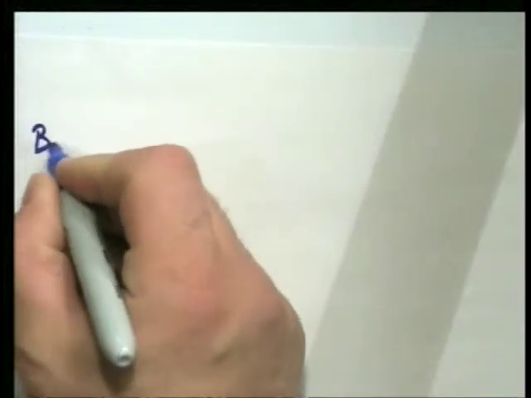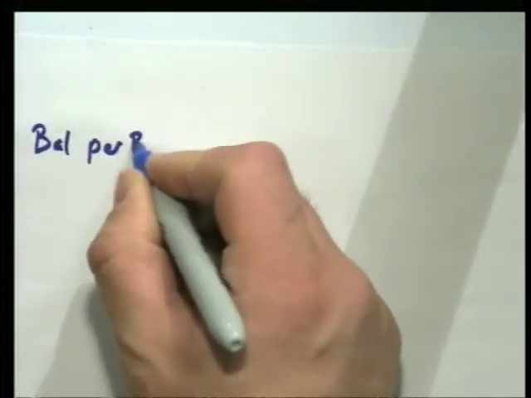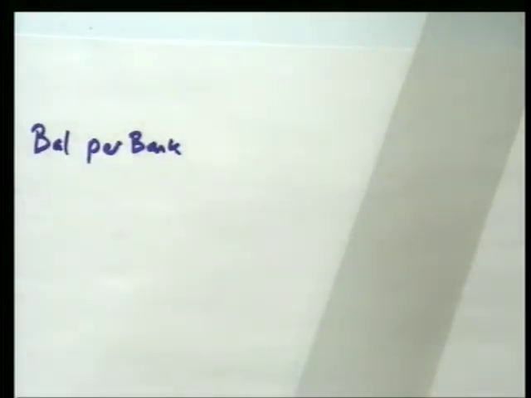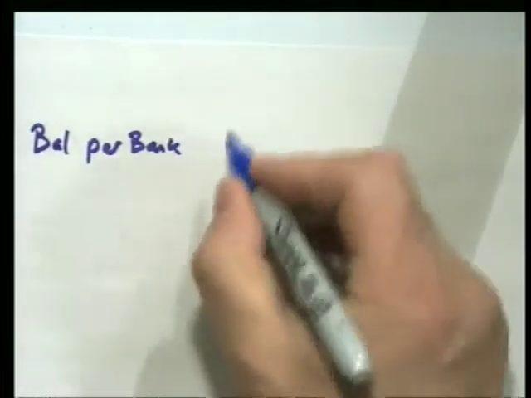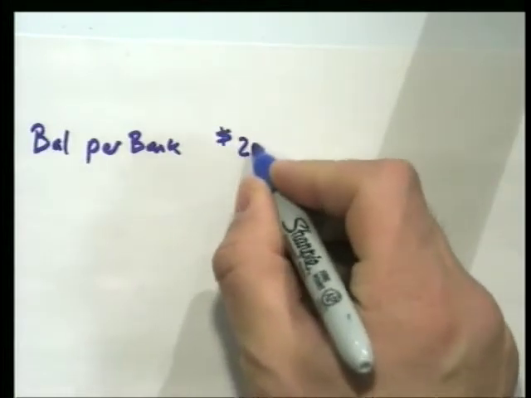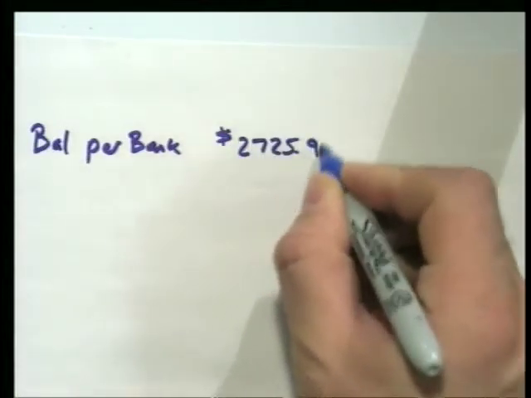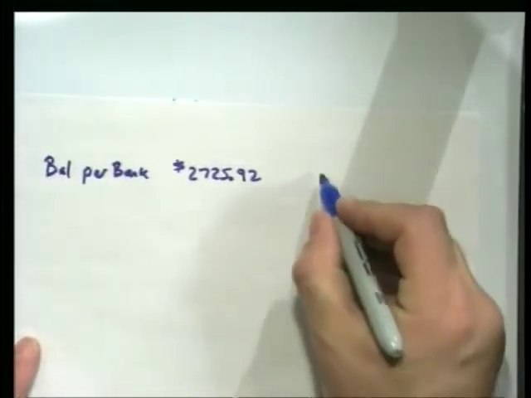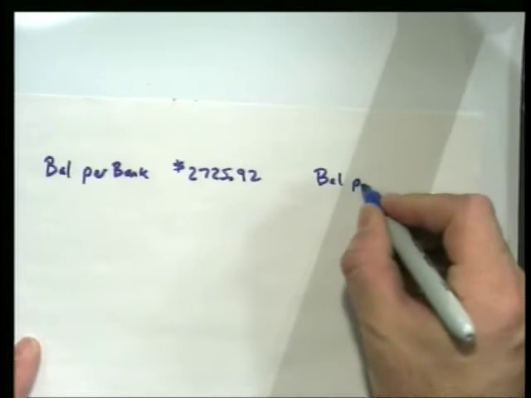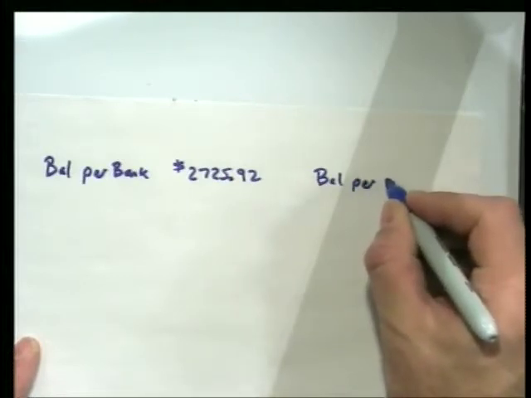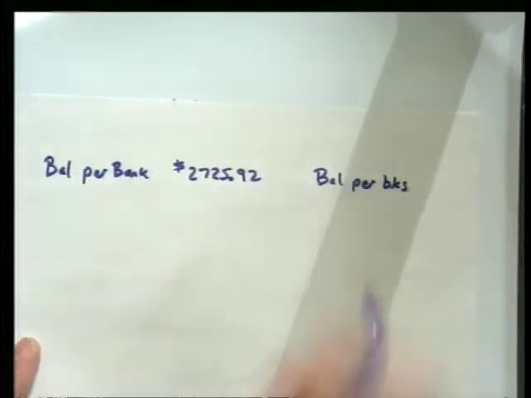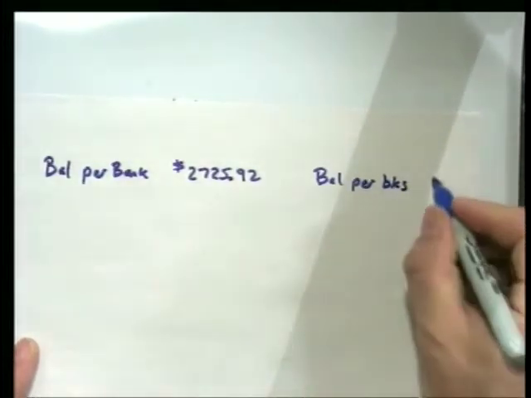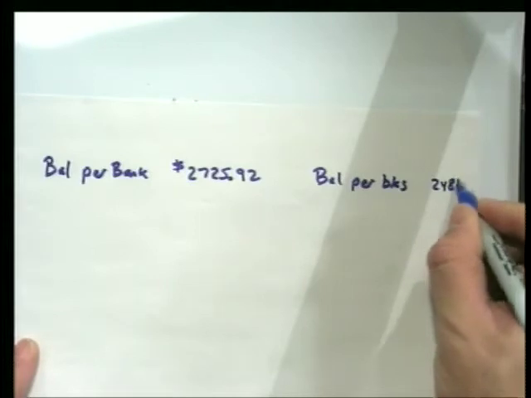I think what we said was the balance per the bank from that slide that we looked at was $2725.92. Is that correct? Okay. And the balance per the books, meaning our books, or the balance per GL, you could say, was $2481.18, correct? Yep.